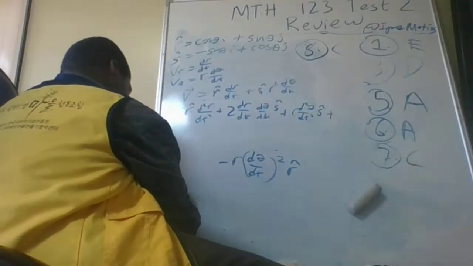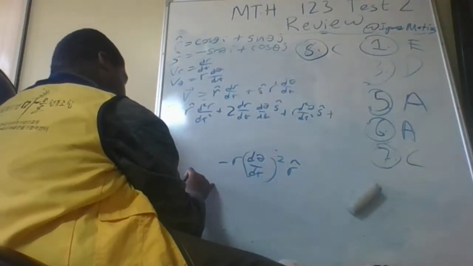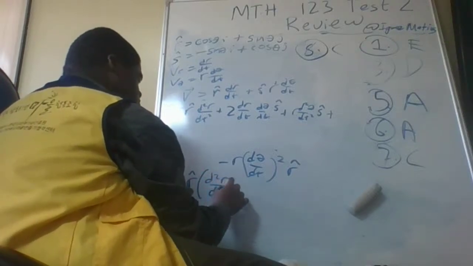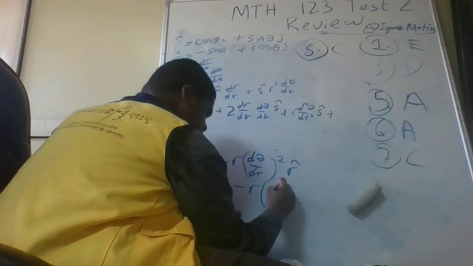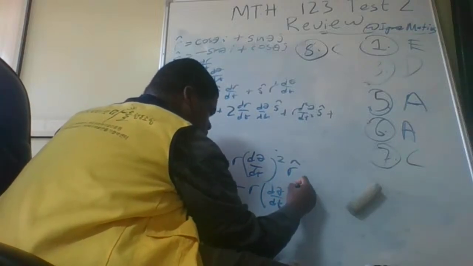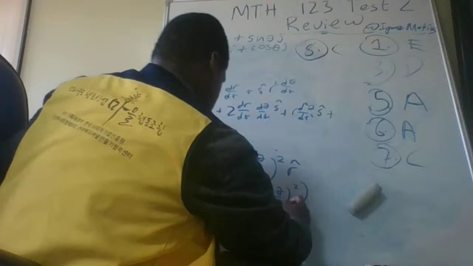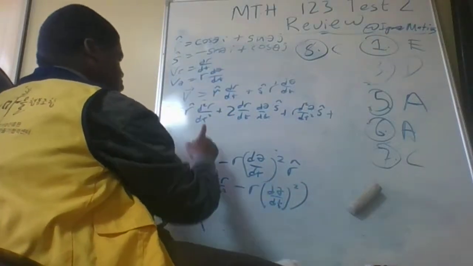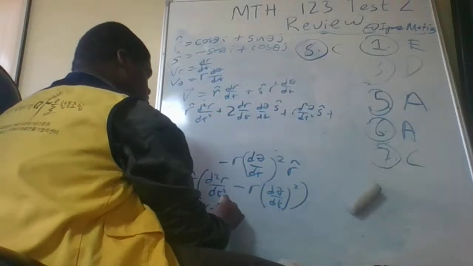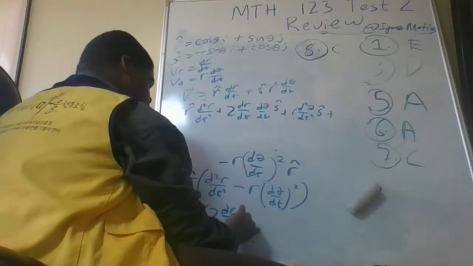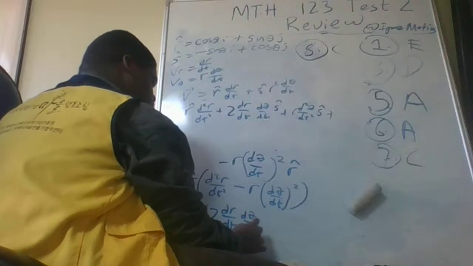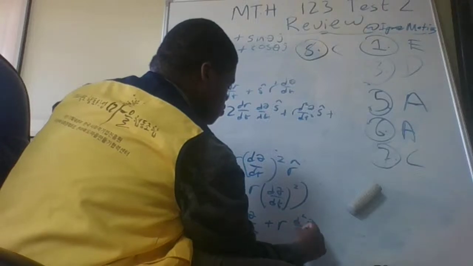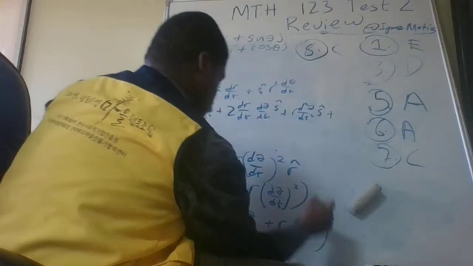So our acceleration, for our radial component, is equal to d²r/dt² minus r (dθ/dt) all squared, plus our transverse vector 2 (dr/dt)(dθ/dt) plus r d²θ/dt².